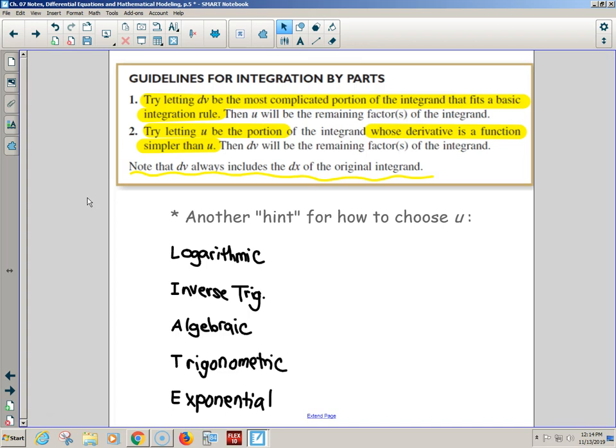But it's not enough to just say, hey, just choose u so that the derivative is simpler. Hey, it's always x, the derivative is 1. Nope. I also have to choose dv in a way that it can be integrated, and in a way that u's derivative and v's integral is a simpler expression for me to integrate. Usually.